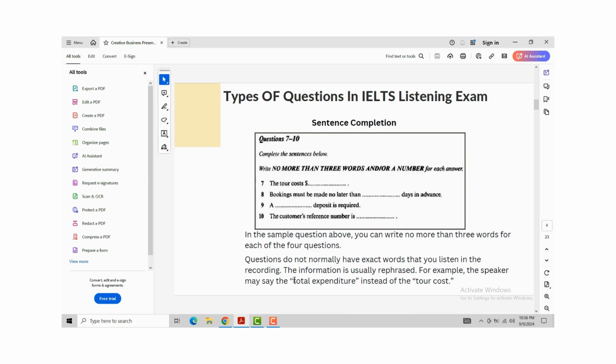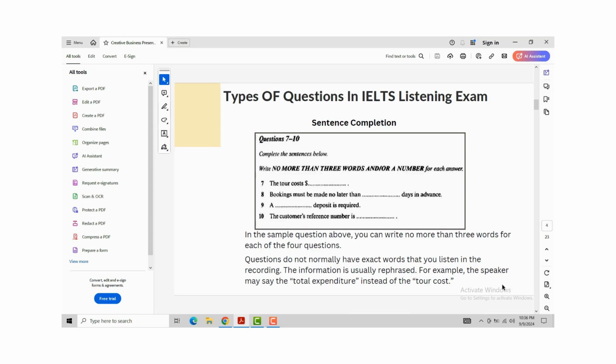They have used paraphrasing. So be very careful, because there will always be paraphrasing or synonyms in the question, and you cannot miss the words in the recording. Otherwise your answer will be marked as incorrect, or you won't be able to give the right answer.